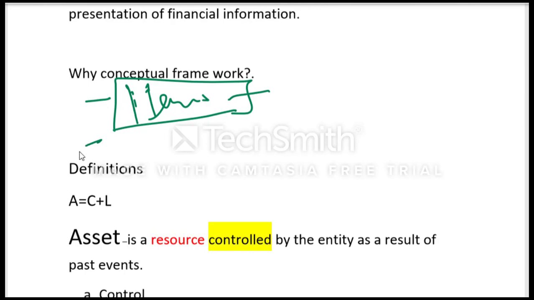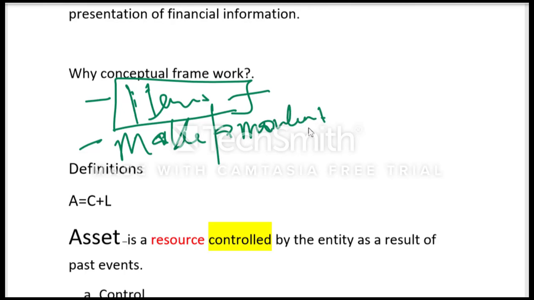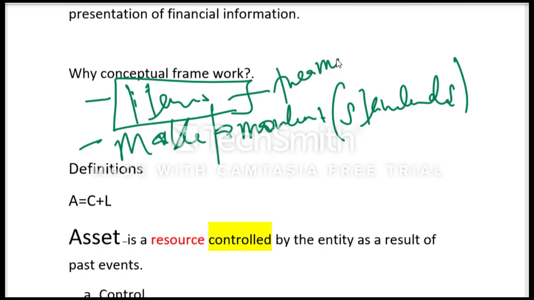So the conceptual framework helps us to make, amend accounting standards. It will also help us scrap off and amend the treatment of items in financial statements.